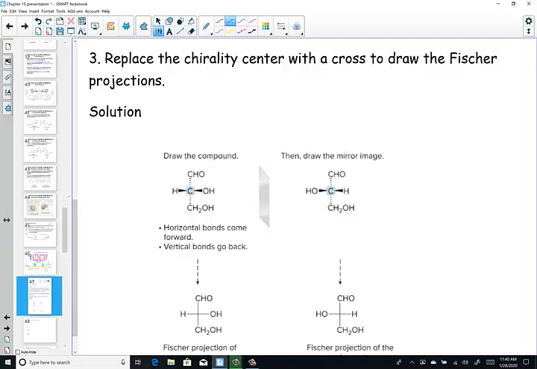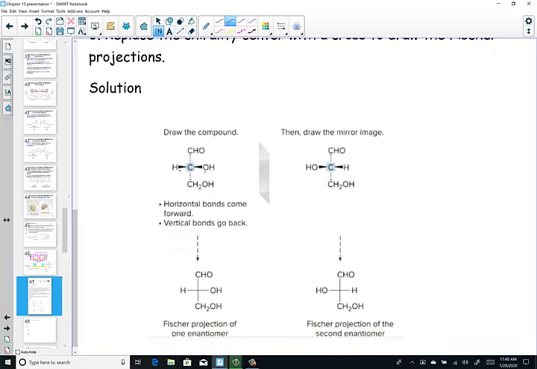So step by step, draw the compound. Notice the horizontal bonds came forward. That's the hydrogen and the hydroxyl group coming forward. The vertical lines went straight back, and we're emphasizing to place the longest carbon chain in the vertical position.